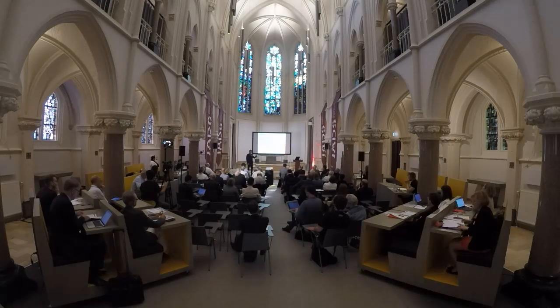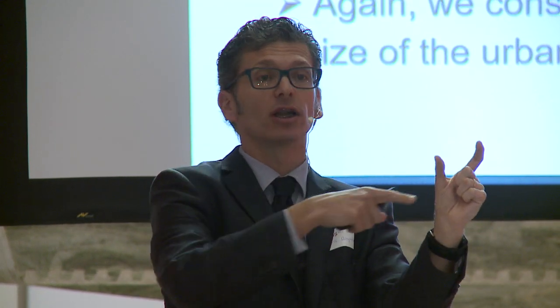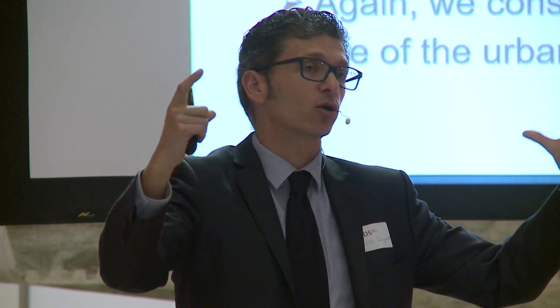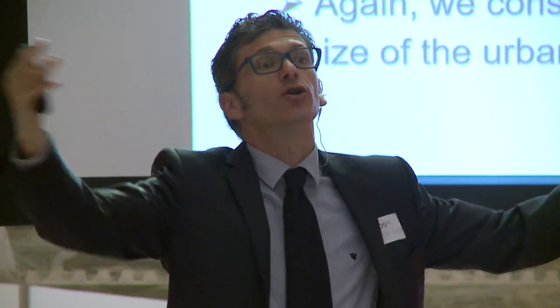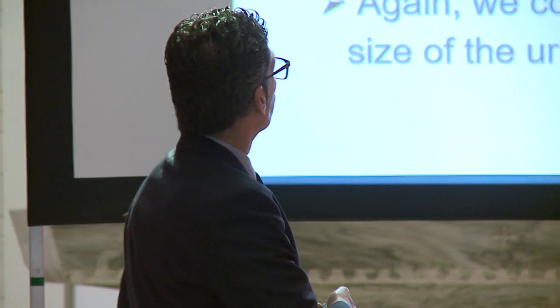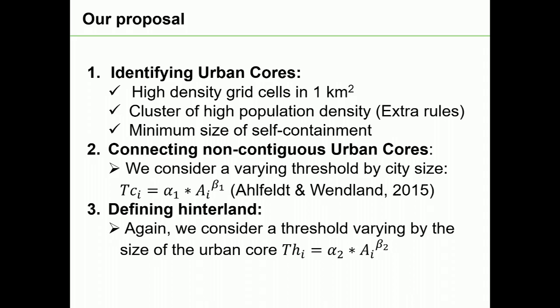What we try to do in any case is to say, if you have a very small urban core, let's say 50,000, your hinterland will be small. On the contrary, if your urban core is very large, your hinterland will be very large. We try to find a relationship between the size of the hinterland and the area of the urban core.